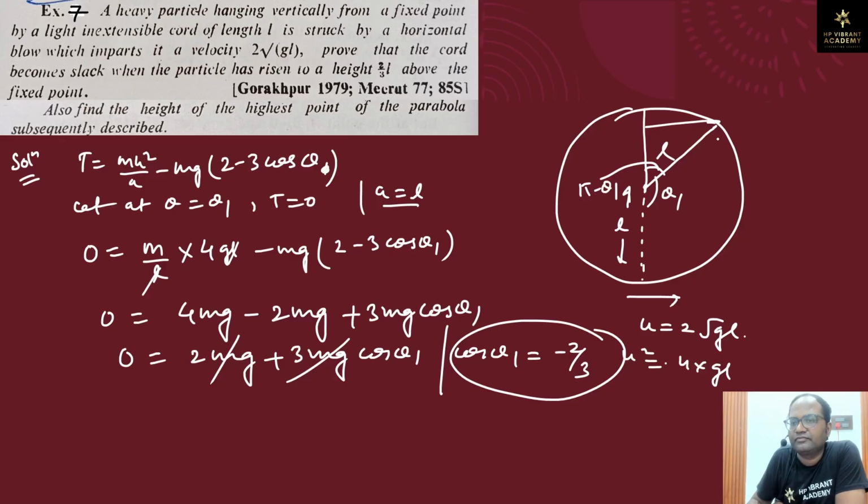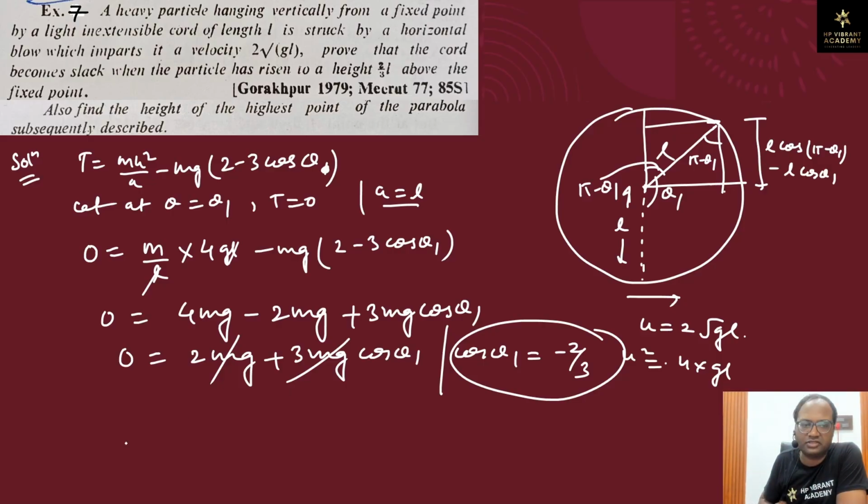So this is L. So this vertical height will be, as this is pi minus theta 1, L cos of pi minus theta 1, which is minus L cos theta 1.